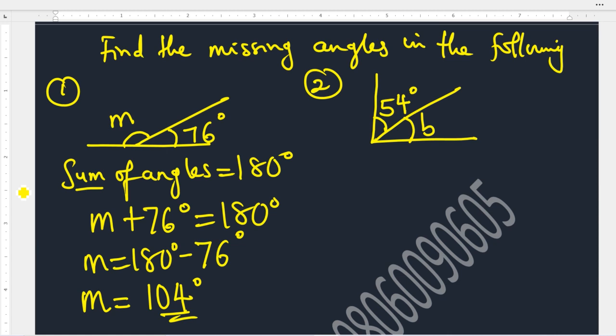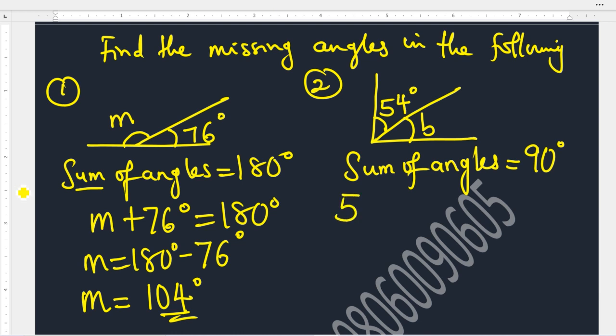Now look at number 2, which is the second example. We have angles in a right angle. So we'll say sum of angles in a right angle is equal to 90 degrees, which means if you add 54 degrees and the angle B together, they will give you 90 degrees.